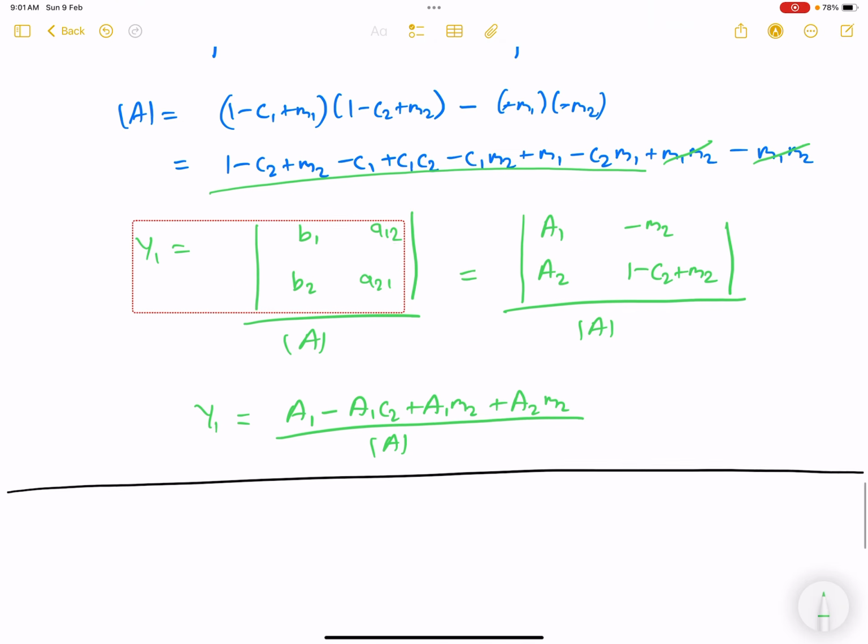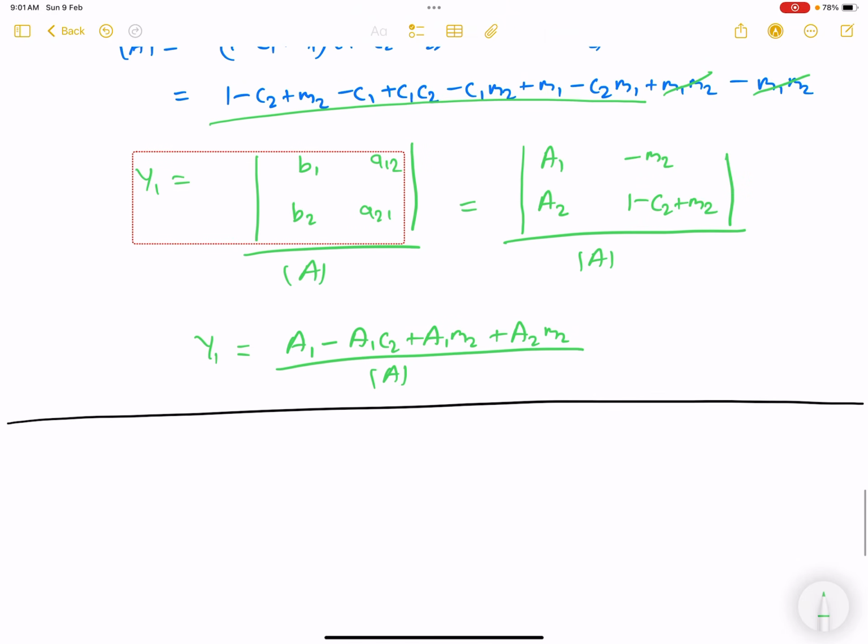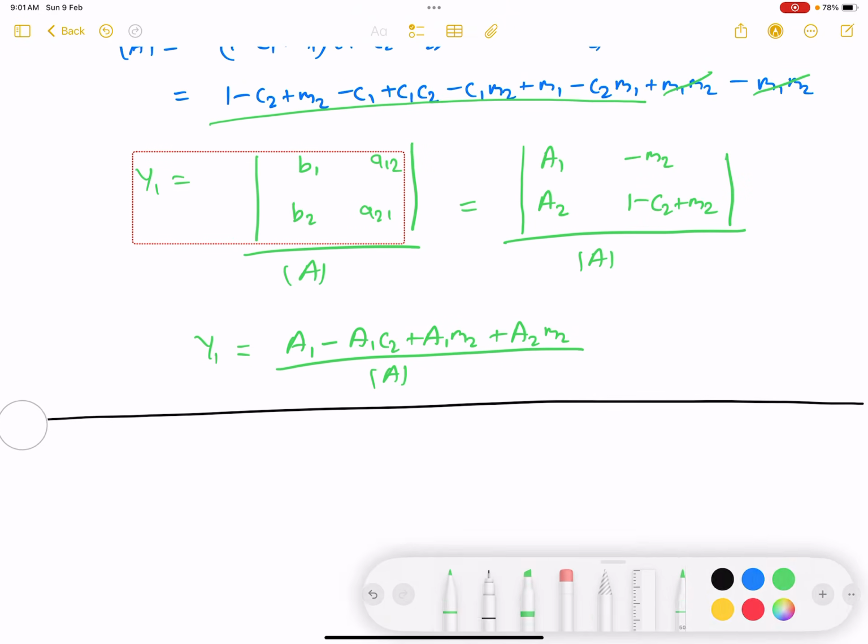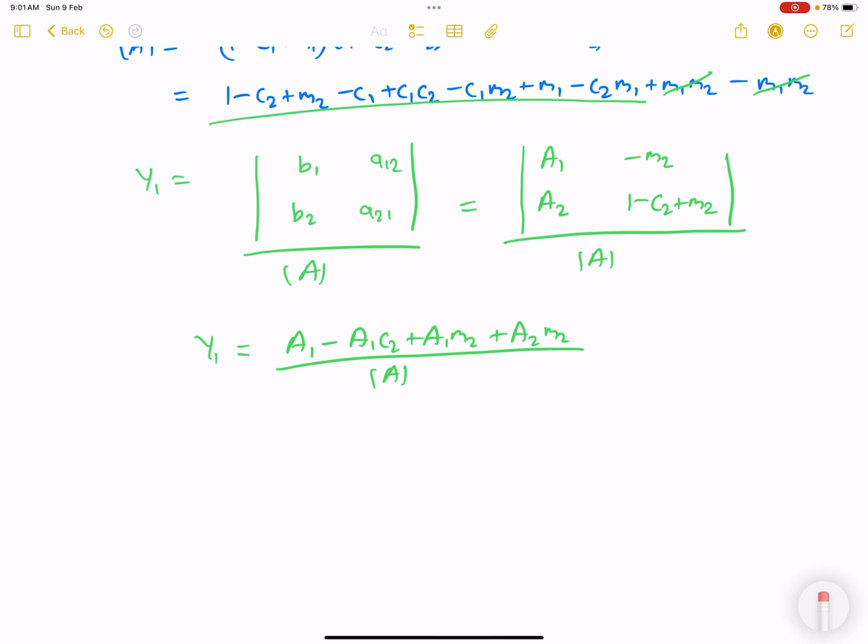Moving forward, similarly we can find the value of y2 as well. Y2 would be a11, a21, b1, b2 upon A determinant.